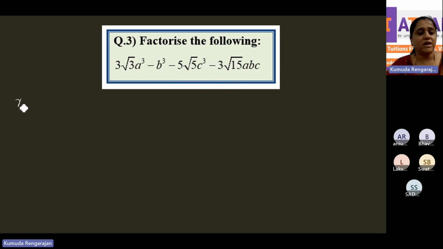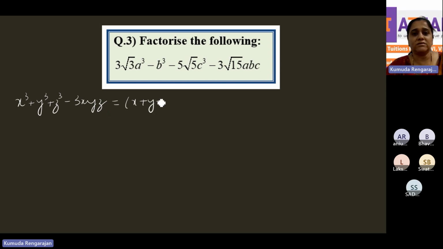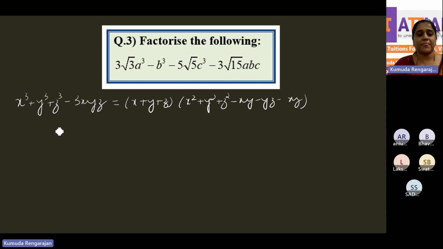So what's the identity? X cubed plus y cubed plus z cubed minus 3xyz, because there are 4 terms here, is equal to x plus y plus z into x squared plus y squared plus z squared minus xy minus yz minus xz. This is the identity. Now the given expression, see here, 8a cubed.